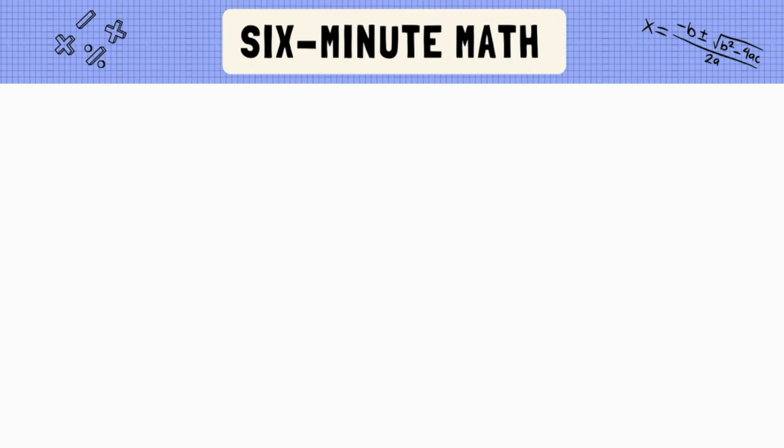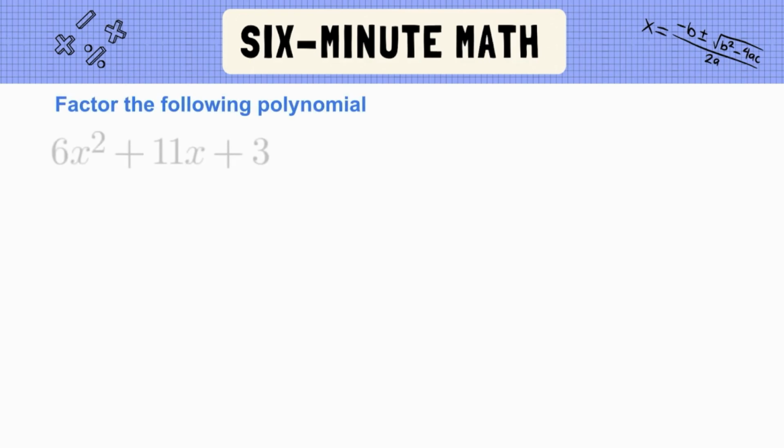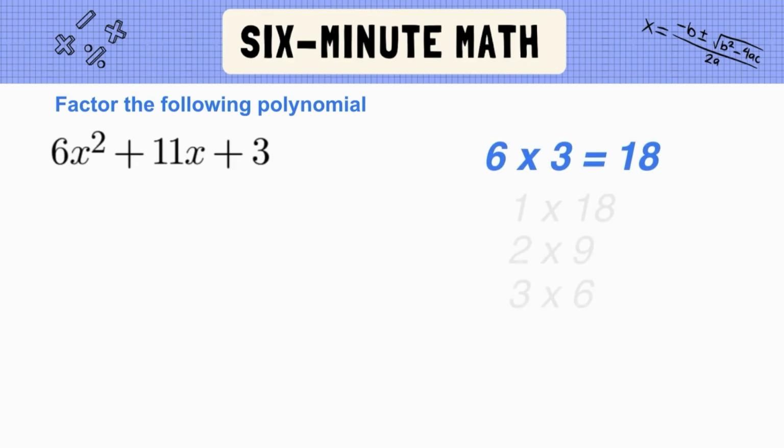Let's do some examples here together. We're going to factor 6x squared plus 11x plus 3. We're going to multiply our a times c for 18, and we have our factor u as follows. Now we're looking for two numbers that add to that middle b value, 11, and I do a quick scan of my factor u, and I see that I'm going to be using 2 and 9.